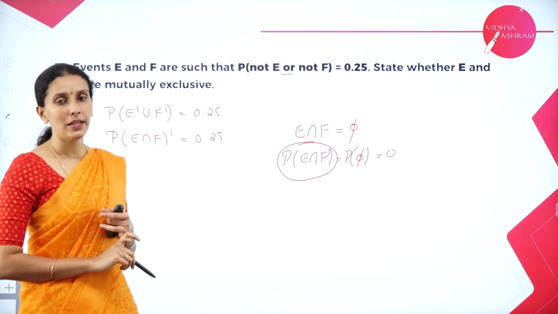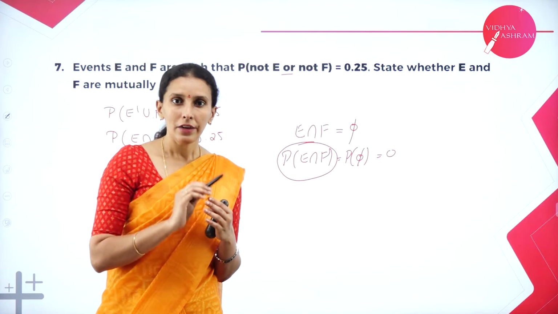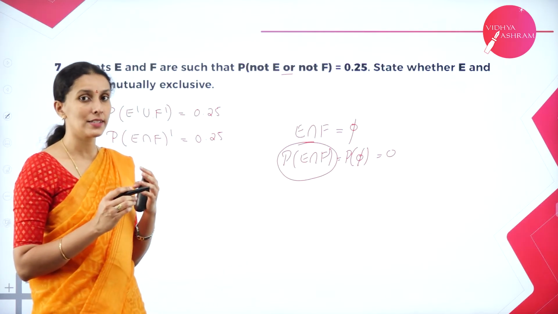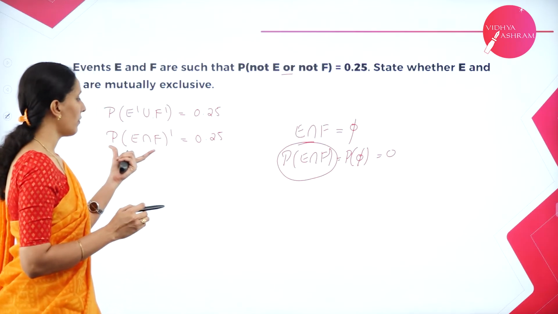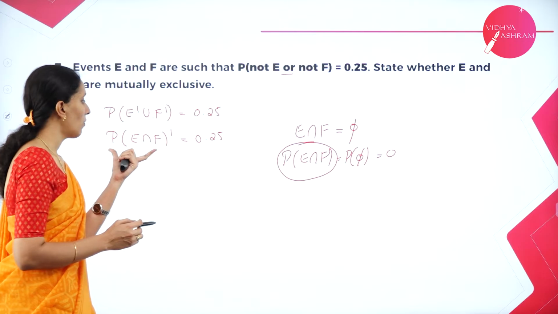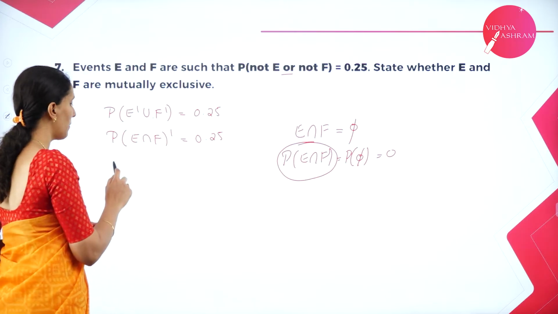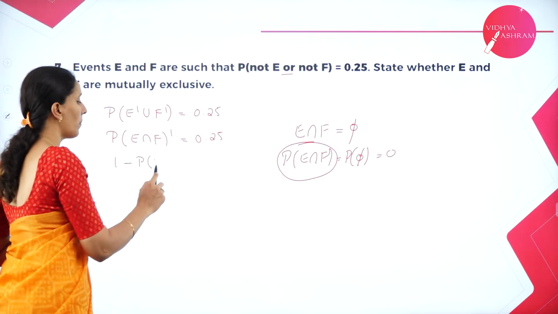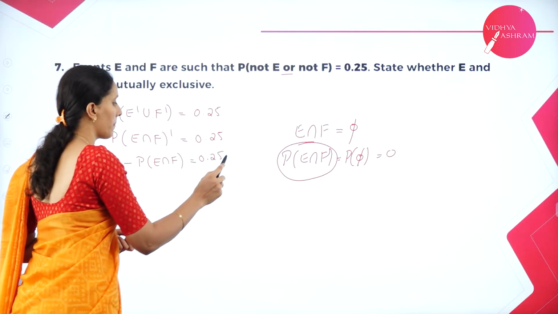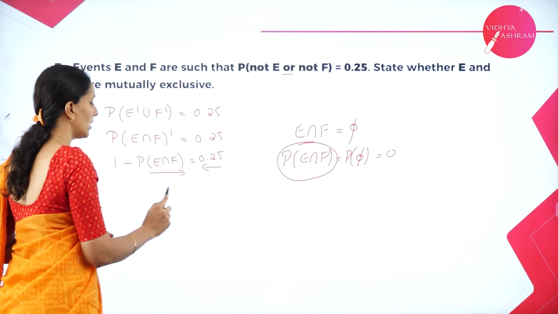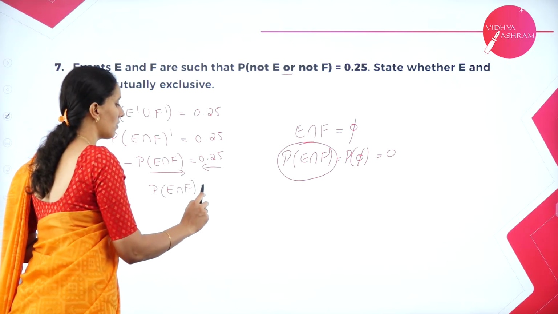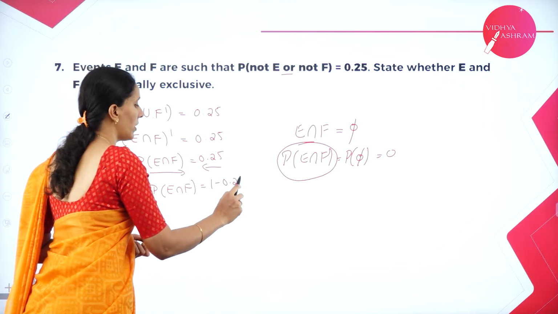And by the probability, we know that the event and its complement, when you apply the probability value, the sum must be equal to 1. So we can write it as a difference from one. So probability of its complement can be written as 1 minus probability of E intersection F is equal to 0.25. So let us shift both here. Then probability of E intersection F is equal to 1 minus 0.25.